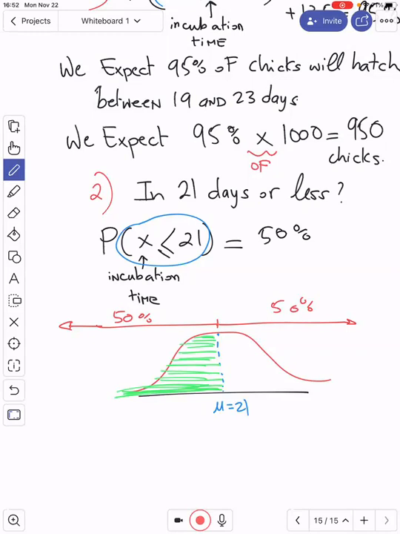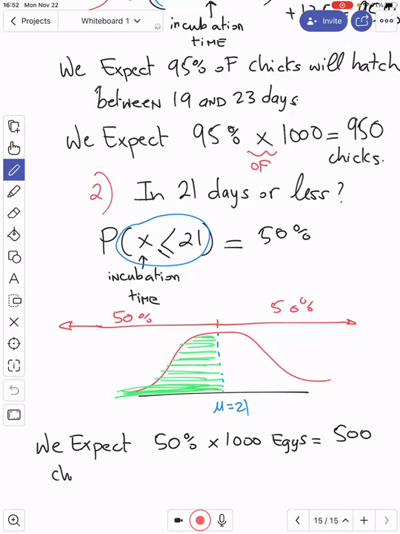So you see how it works. The whole region on the left is 50%, and the region on the right of the mean is also 50%. So of course, we expect 50% of the 1,000 eggs, which would be 500.